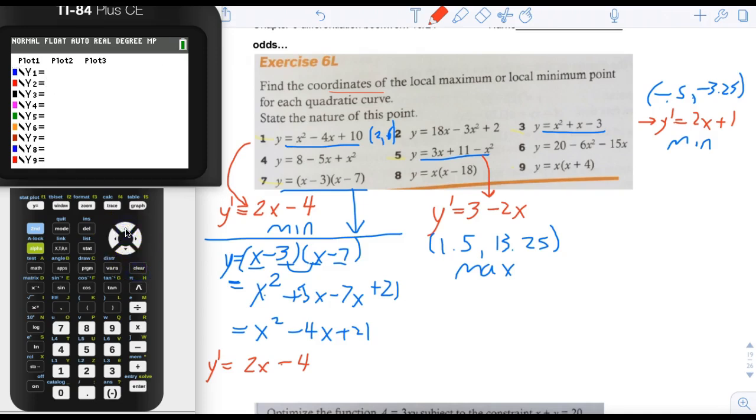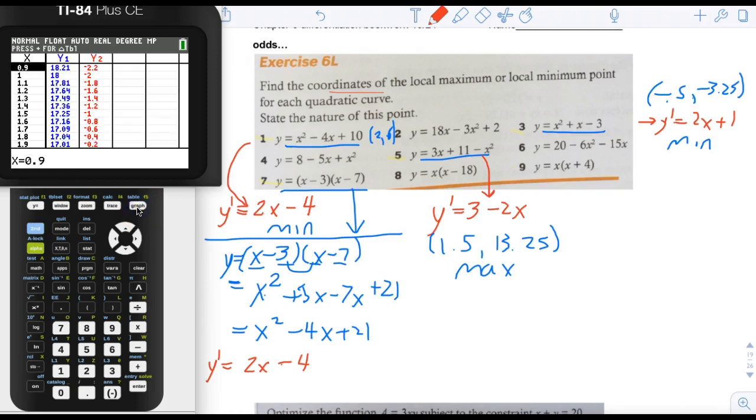The blue function, x squared minus 4x plus 21. And the red function, 2x minus 4.